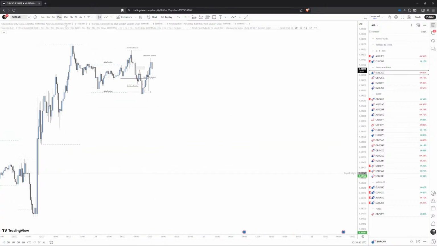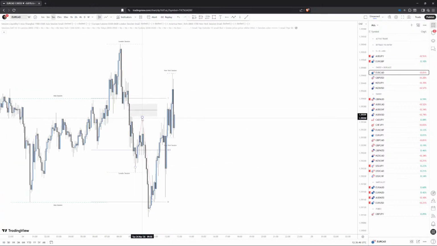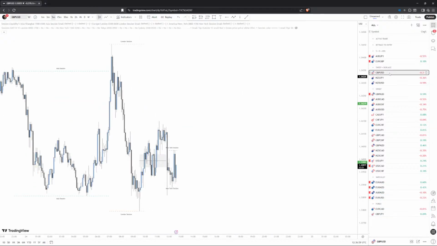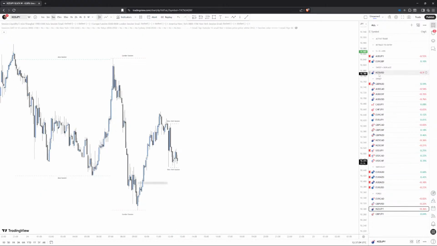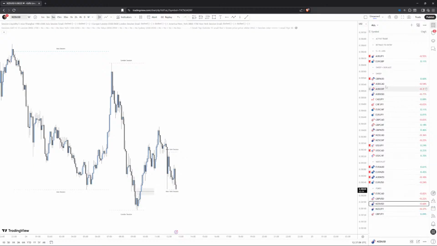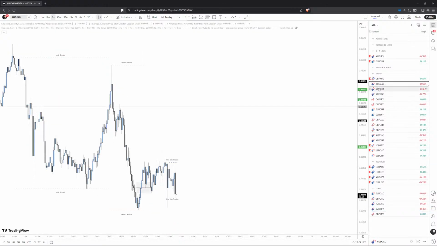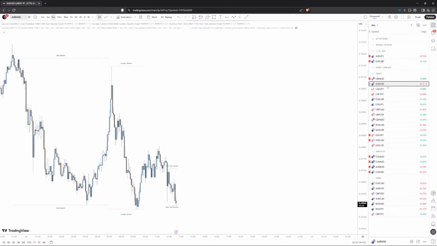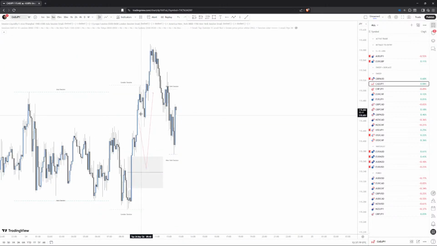Let's go from here. This almost came to entry, delivered to Asia session lows over here. This is on the edge of like watch list, but not enough for me.